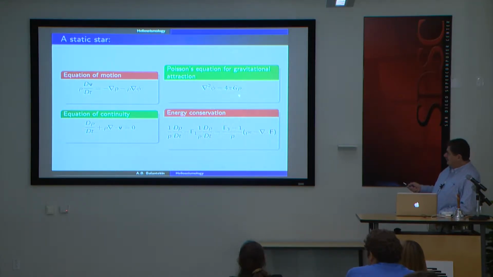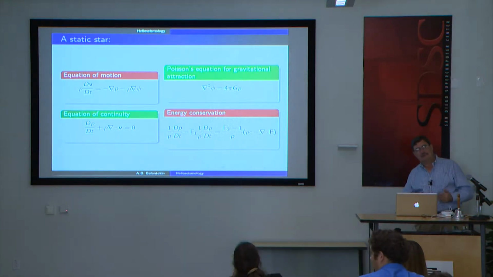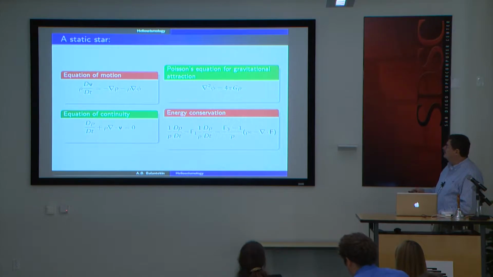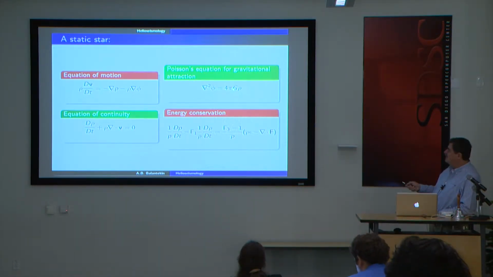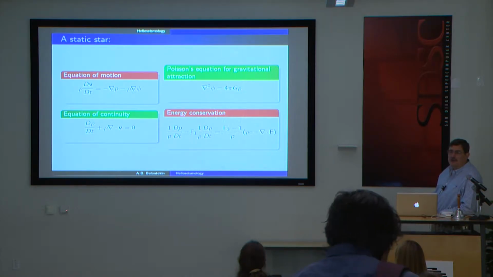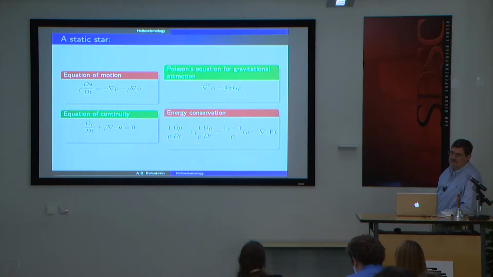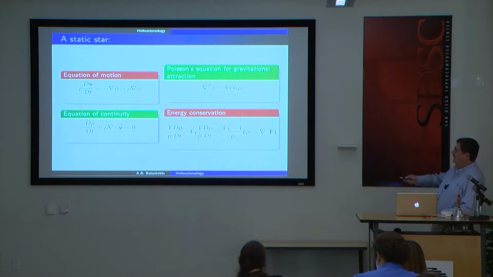Another equation is the equation that describes the force. Well, the force that the nuclear energy generation compensates is the gravity. So this is Poisson's equation for the gravitational attraction. Here G is the gravitational constant, not the Fermi constant, as in the rest of these lectures.